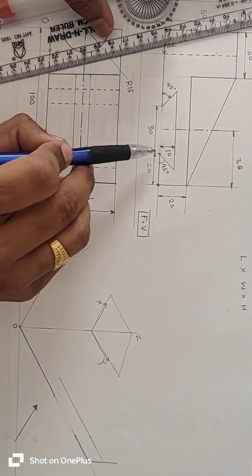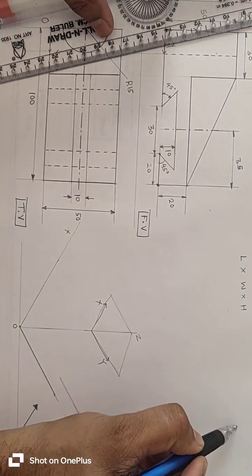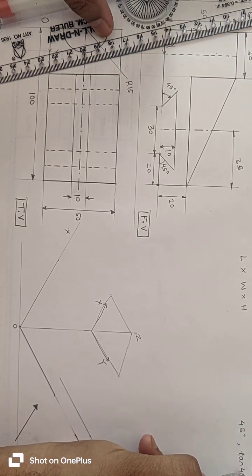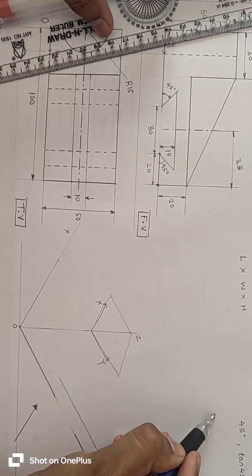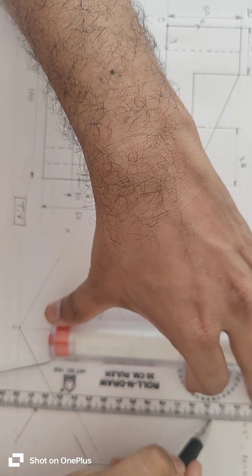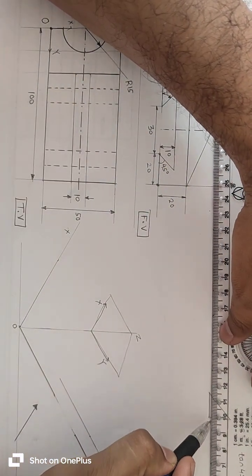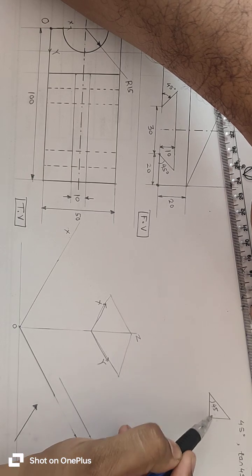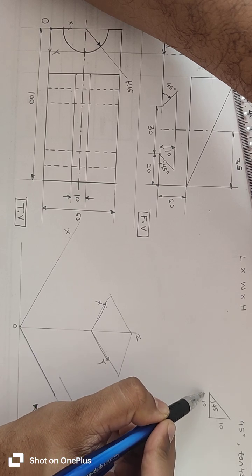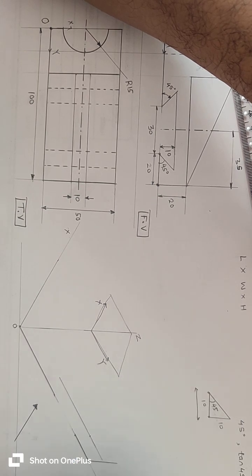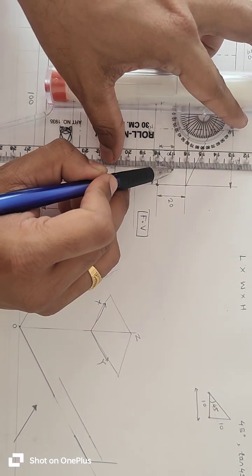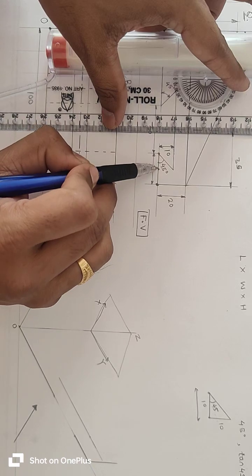Then as this angle is 45 degrees, tan of 45 degrees is equal to 1. It means that for this right angle triangle, if this angle is 45 degrees and this distance is 10 mm, then this distance should also be equal to 10 mm, right? So from this point to this point, this distance is 10 mm.